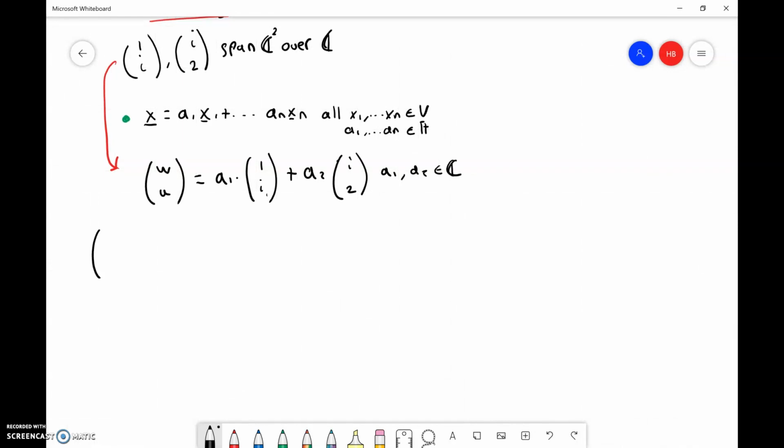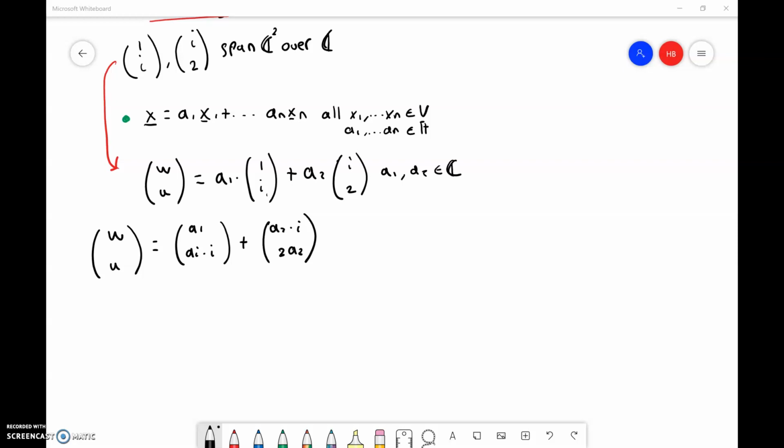So w, u is equal to a1 times (1, i) plus a2 times (i, 2).